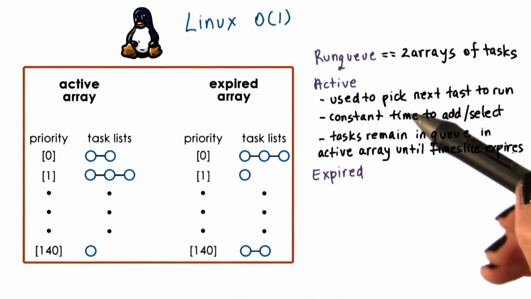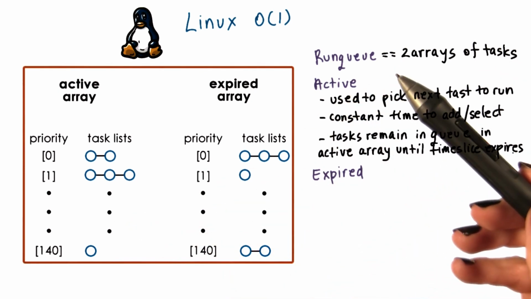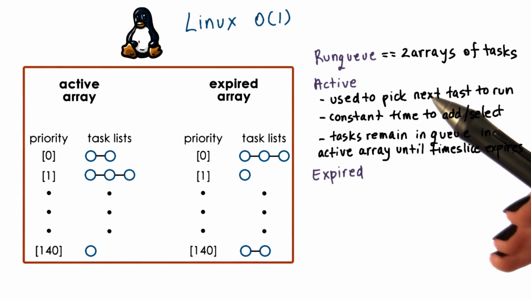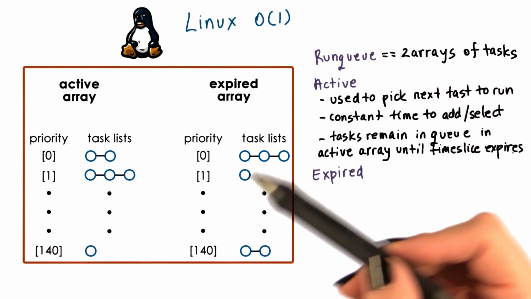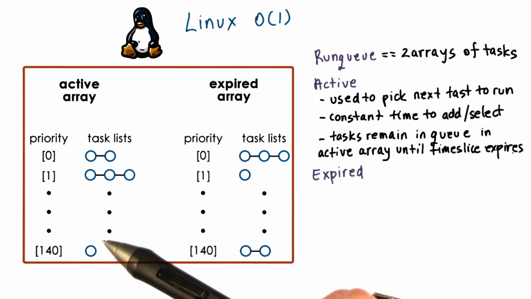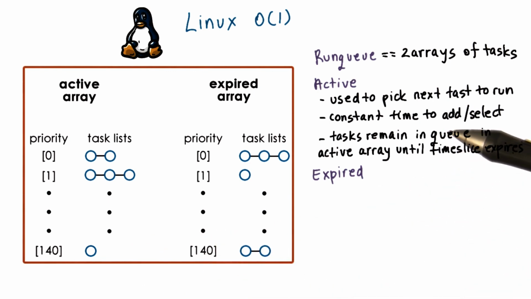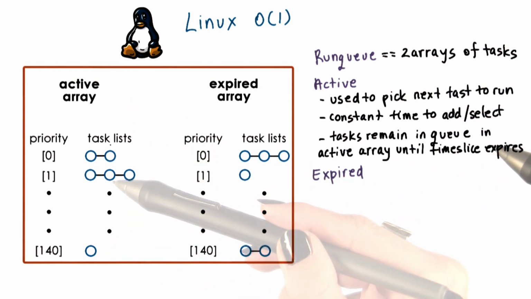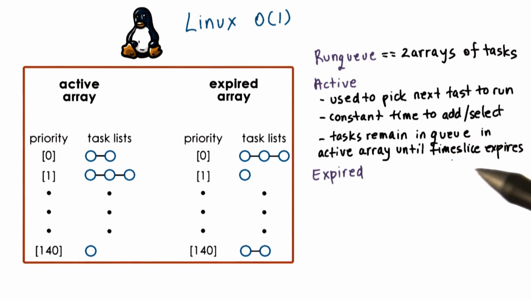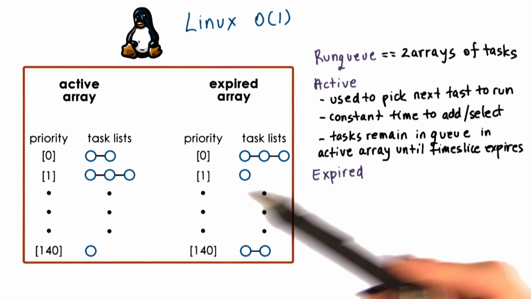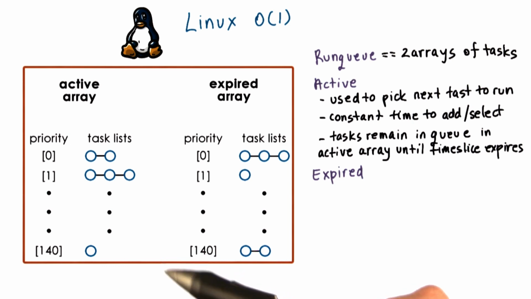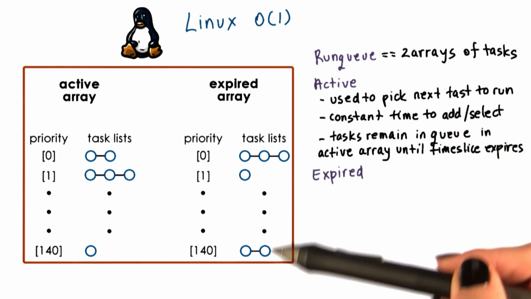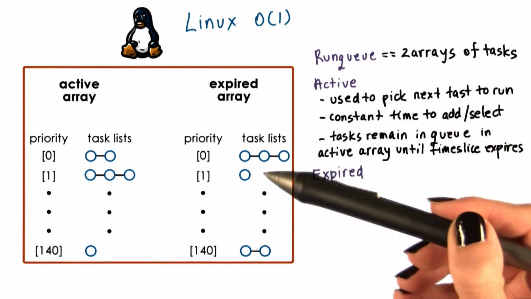If tasks yield the CPU to wait on an event or are preempted due to a higher priority task becoming runnable, the time they spend on the CPU is subtracted from the total amount of time, and if it is less than the time slice, they are still placed on the corresponding queue in the active list. Only after a task consumes its entire time slice will it be removed from the active list and placed on the appropriate queue in the expired array.